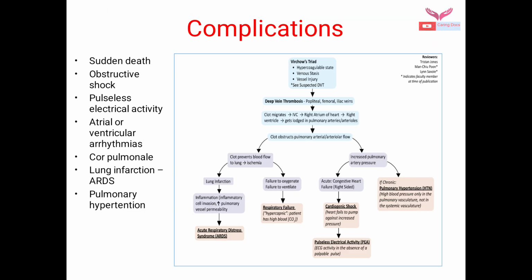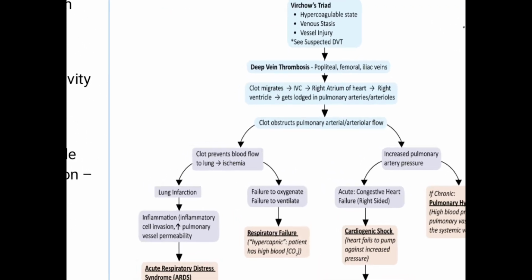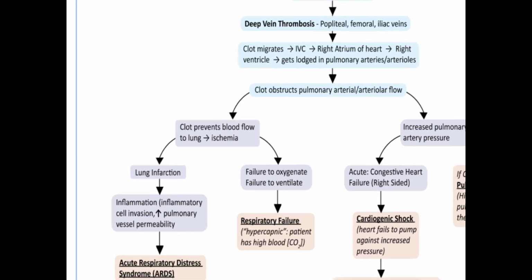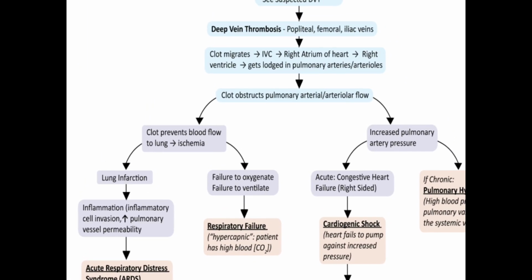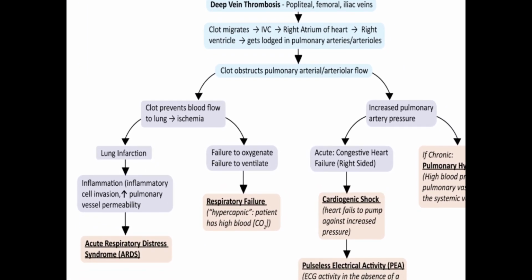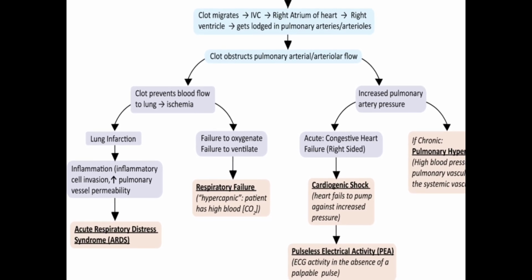Coming to the complications of pulmonary embolism, a patient with pulmonary embolism can have sudden death, obstructive shock, pulseless electrical activity, atrial or ventricular arrhythmia, lung infarction leading to ARDS, pulmonary hypertension. In pulmonary embolism, the clot obstructs the pulmonary artery or the arteriolar flow.